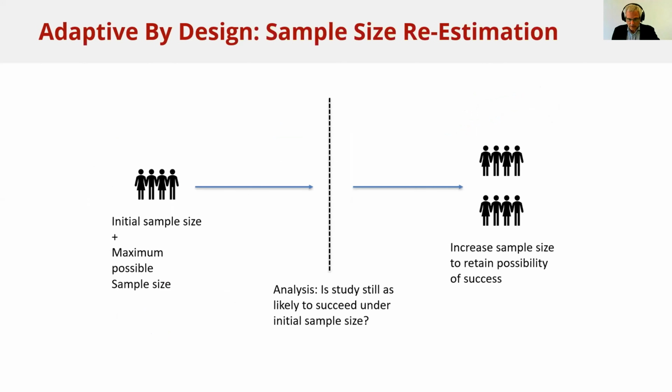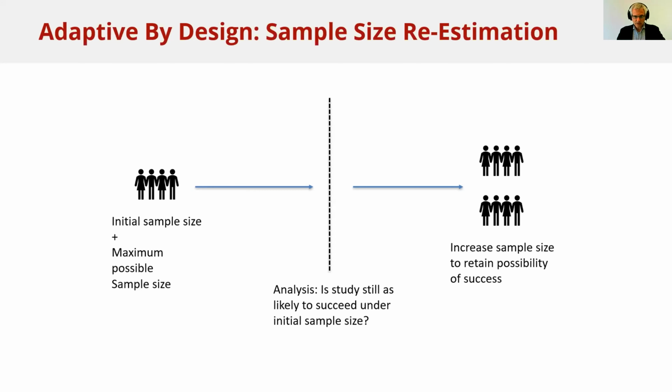A very, very common adaptation in a study is sample size re-estimation. Most of the studies that we design these days include at least one sample size re-estimation. There's often uncertainty in the assumptions that are required in the power analysis, so we decide a third or halfway through a study, we're going to stop.